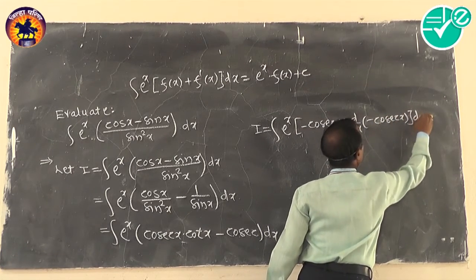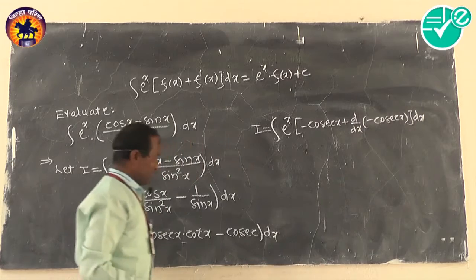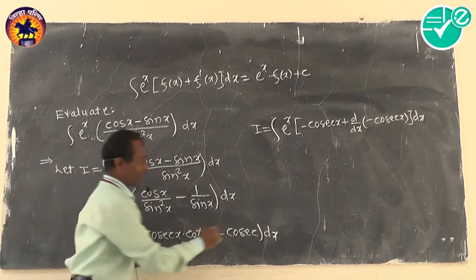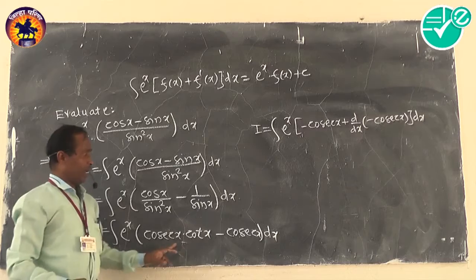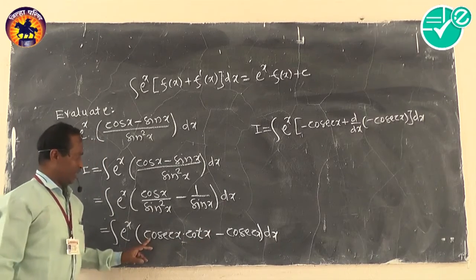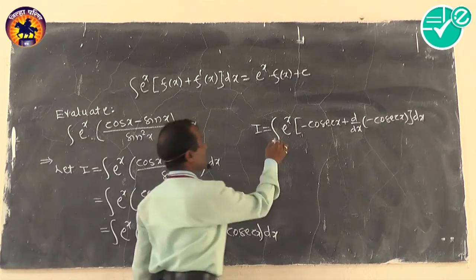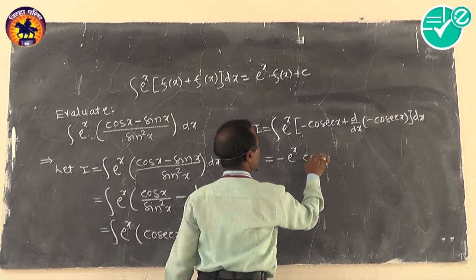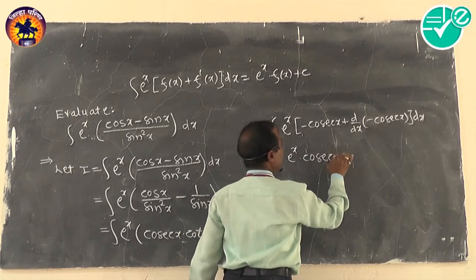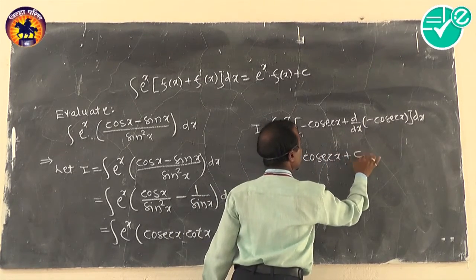dx. Here f of x is minus cosec x. D by dx of minus cosec x is cosec x into cot x. So we get minus e to the power x into cosec x plus c.